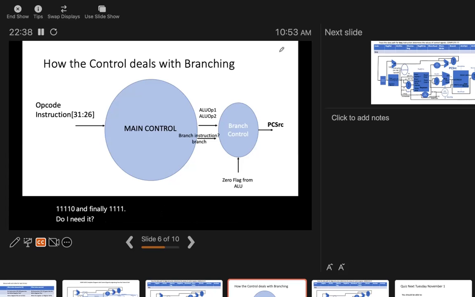Everything that's not a 0, 1 or 1, 1 will be 0 on that. What is the 0 flag? If they are equal, yeah. So 0 flag will be 0. Can you explain how ALU op1 and ALU op2 being 0, 1 works?